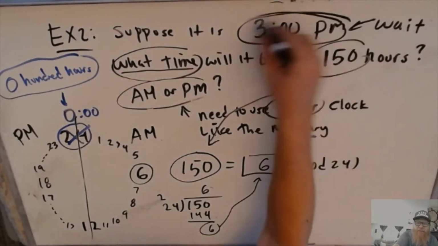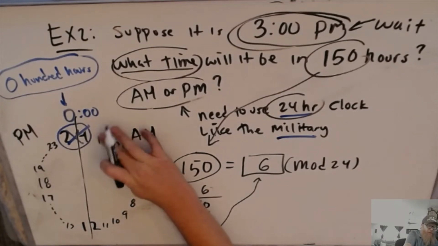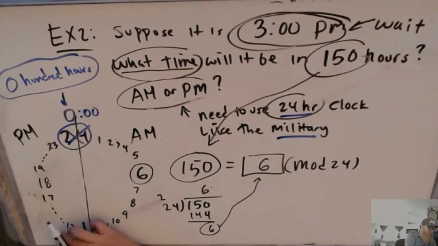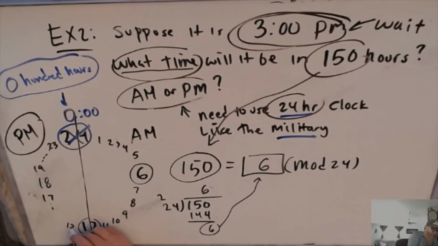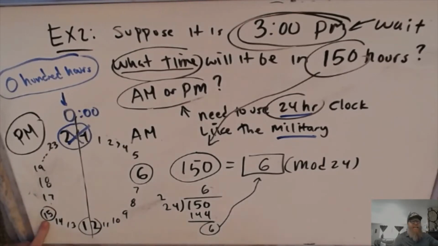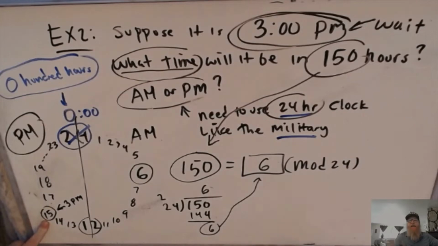So that means if we started at 3 p.m., 3 p.m. would be over here, p.m. So this would be 12 is noon, 13 is 1, 14 is 2, so 15 is 3 p.m., 1500 hours, or 15 o'clock, you could call it.